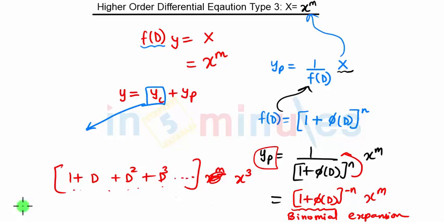We will revise what a binomial expansion is. Binomial expansion is nothing but, if we have (1 + x) the whole raised to minus 1, what is the expansion of this? Remember, whenever there is 1 plus something, in this case (1 + x) the whole raised to minus 1, our binomial expansion will have terms positive, negative, positive, negative, and so on.